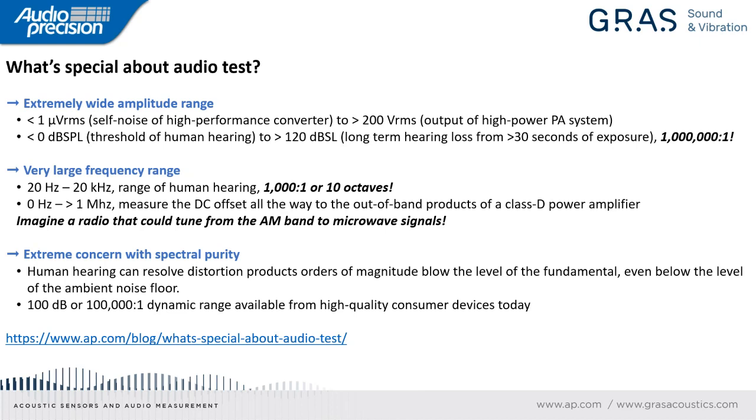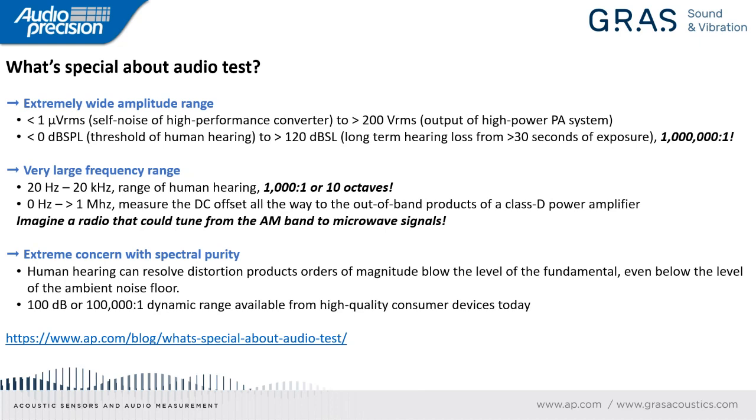And as we meet those requirements of amplitude range and frequency range, we have a very high concern with spectral purity, or the residual noise and distortion in the signal. Again, human hearing is pretty amazing. Humans can discern distortion products that are well below the ambient noise floor.